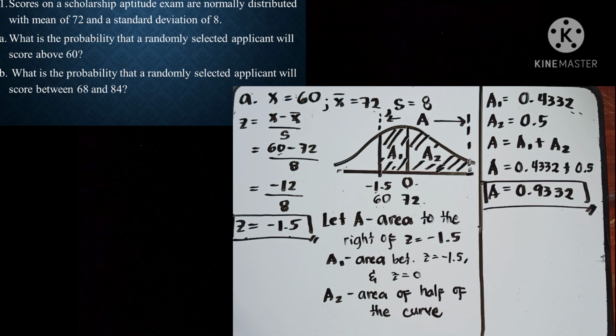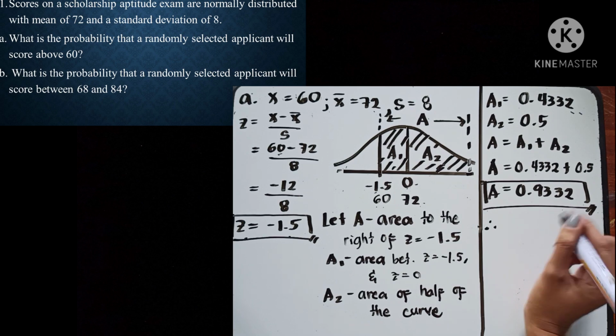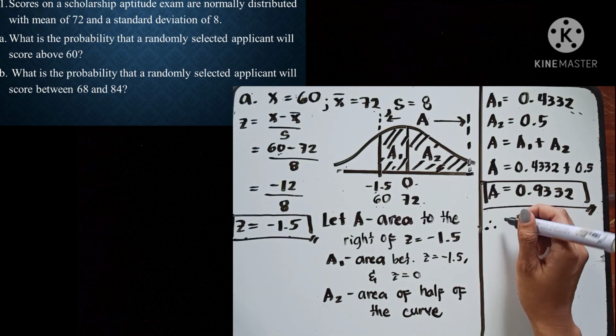But then, ang hinahanap kasi sa atin, probability that a randomly selected applicant will score above 60. Okay? So, ngayon, probability or chance. So, convert lang naman natin siya into percent.